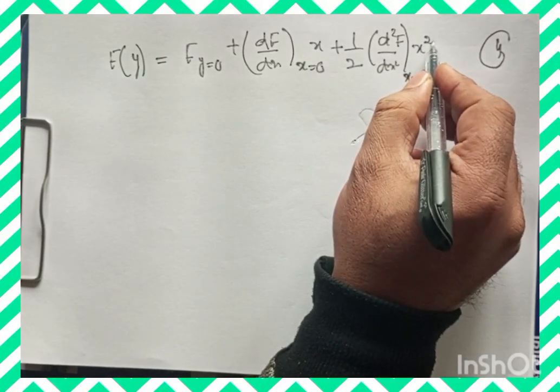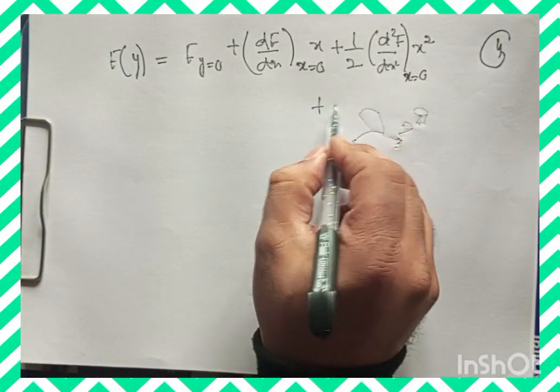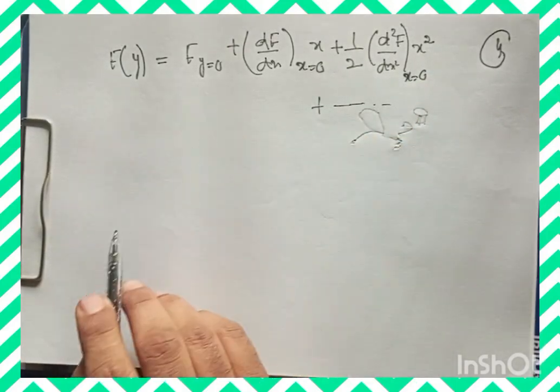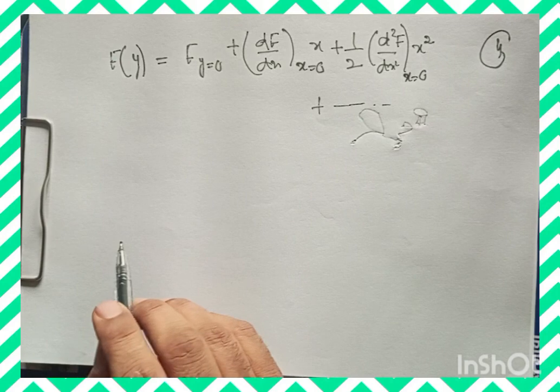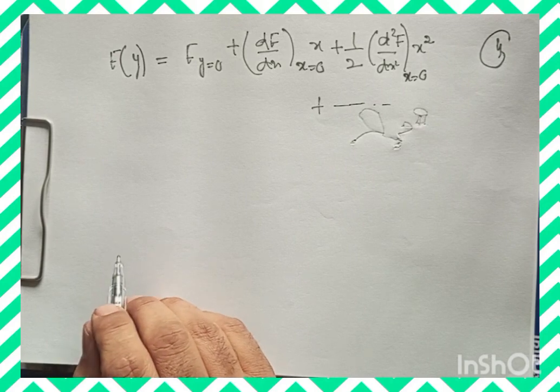So it's all coming from x is equal to 0, plus so on and so forth. So this is how this restoring force can be interpreted in terms of Maclaurin's series.